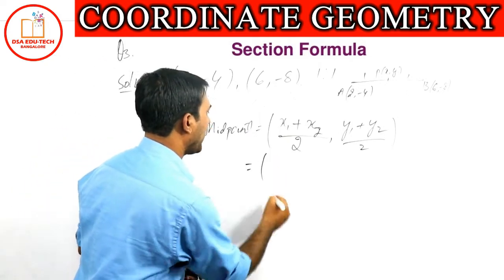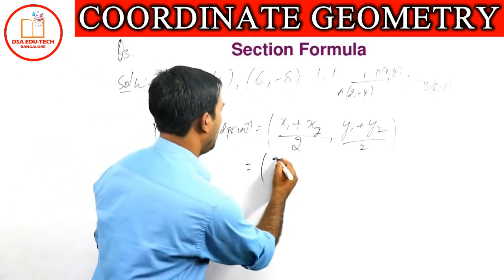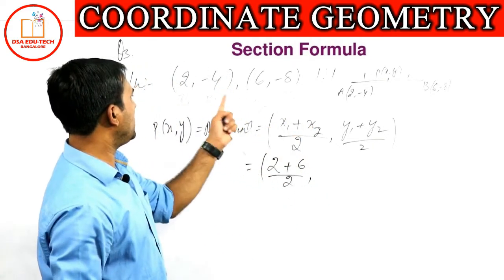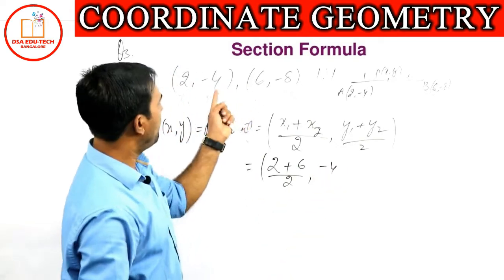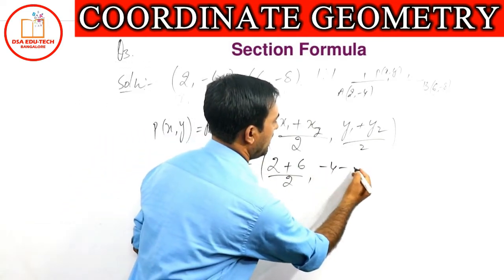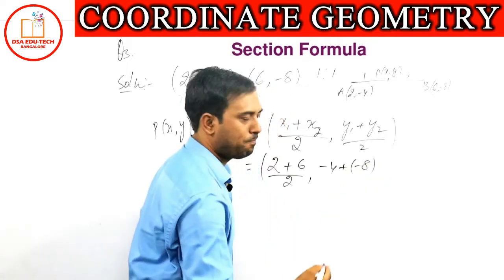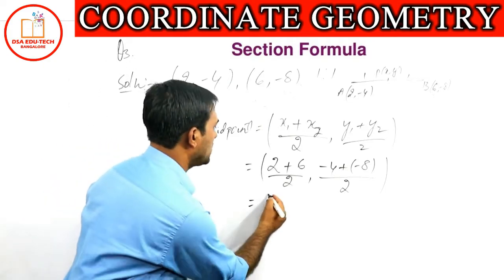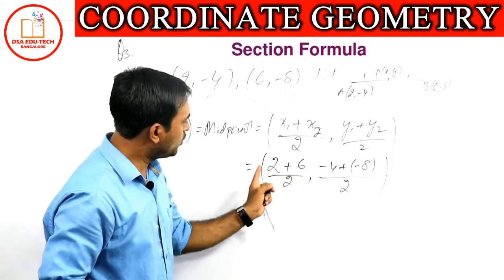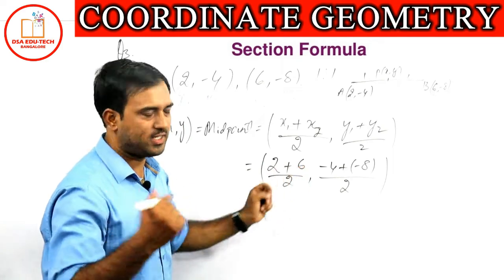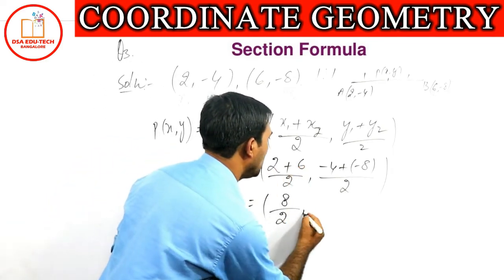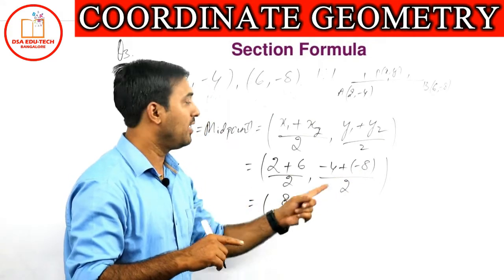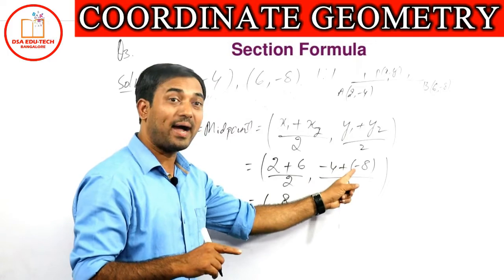Is equal to, x1 is 2, x2 is 6 divided by 2, y1 is minus 4, y2 is minus, so plus of minus 8 I'll write, divided by 2. Equals 2 plus 6 is 8. So 8 by 2, plus into minus is minus, first we multiply sign, right? Minus 4, minus 8 is how much?